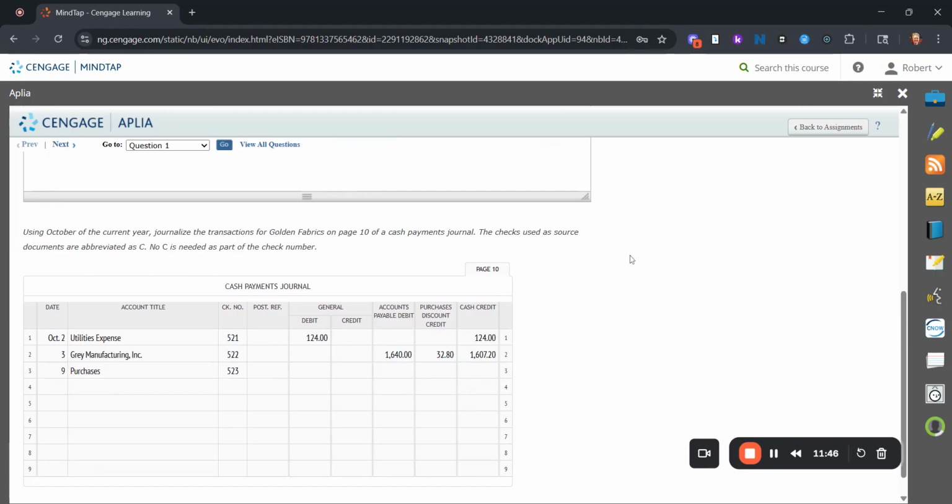Remember, an increase in assets is entered as a debit entry. And then a check was used, so cash is going to be coming out of the checking account. So a decrease in an asset. Let's put under cash credit, $15.75.